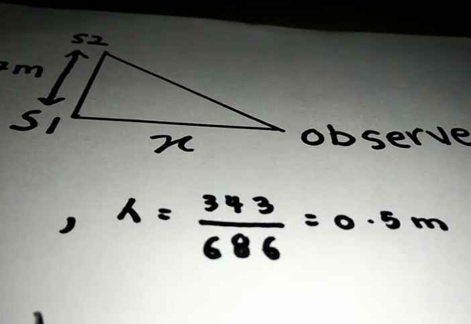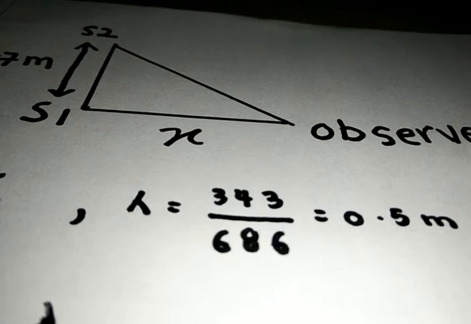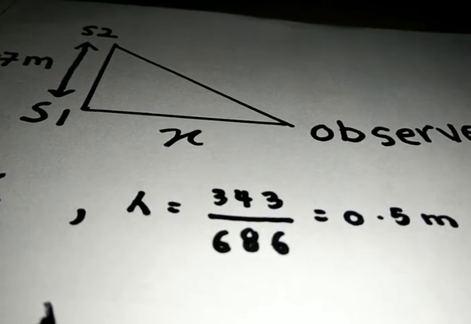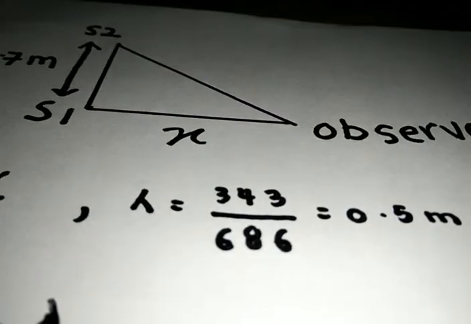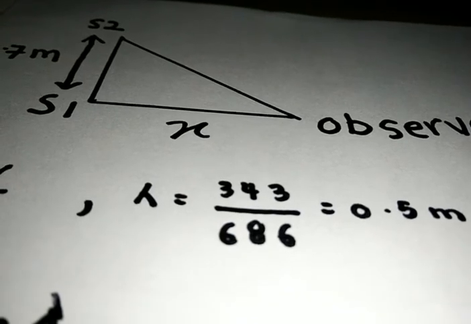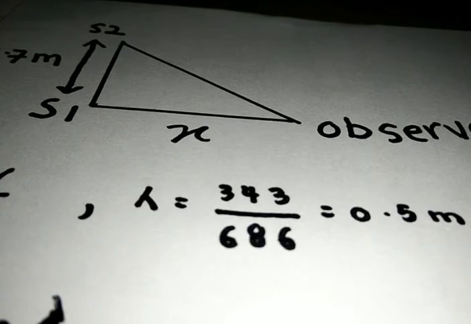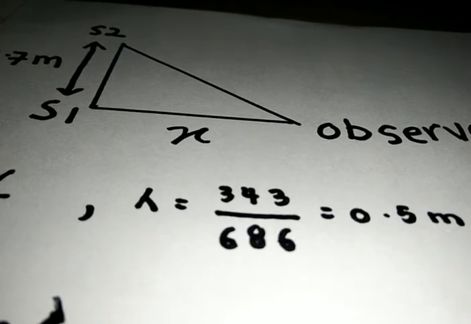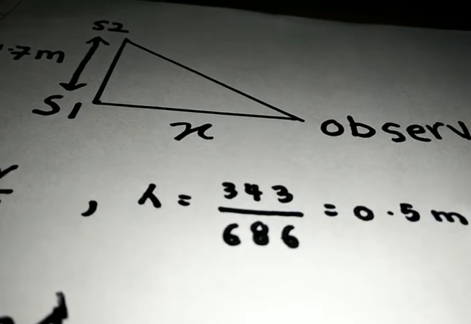For the person to stand at a point where the two waves constructively interfere, the path lengths from the two speakers must differ by exactly one wavelength, or an integral multiple of wavelengths. The first such maximum occurs when the two path lengths differ by 0.5 meter.